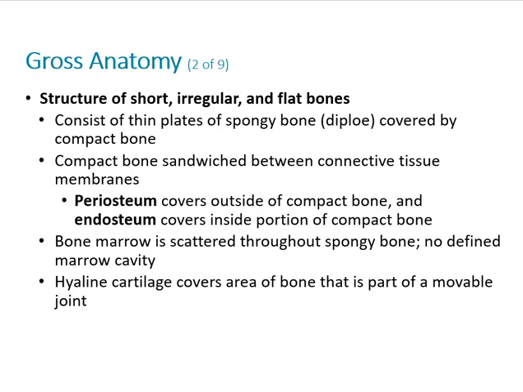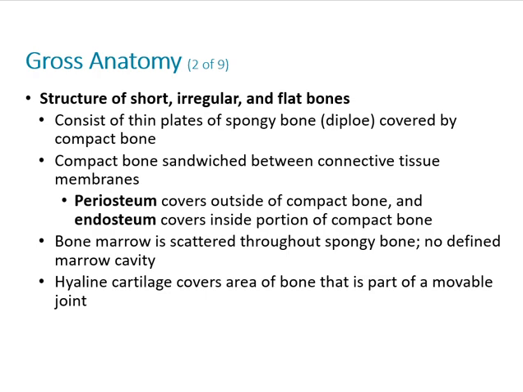Now, when it comes to short, irregular, and flat bones, there's a little bit of a difference to their structure. They still consist of compact bone on the outside and spongy bone on the inside, but they tend to have more of a thin plate structure. That thin plate is internal spongy bone, oftentimes called diploe, in short, irregular, and flat bones, and it's covered by compact bone.